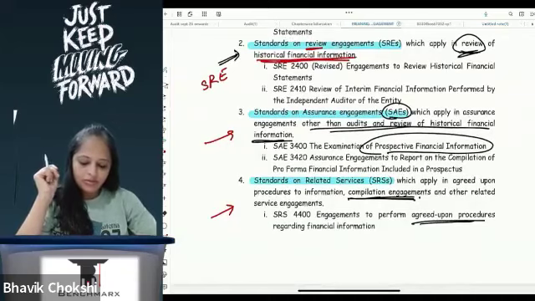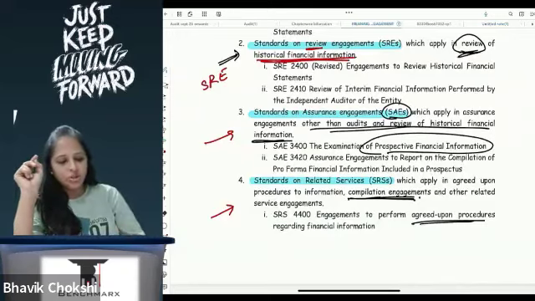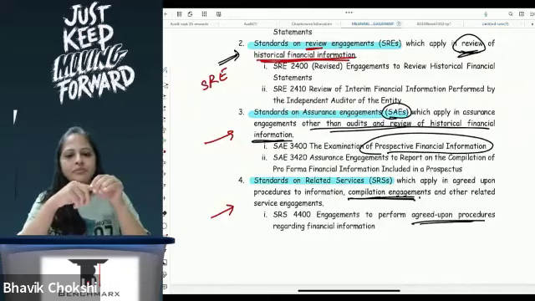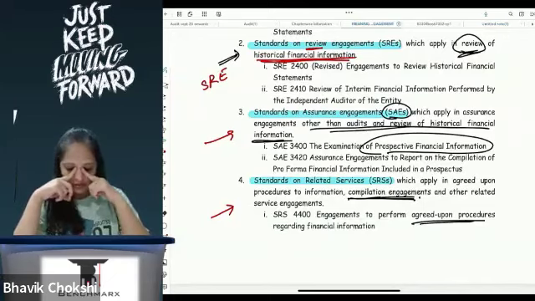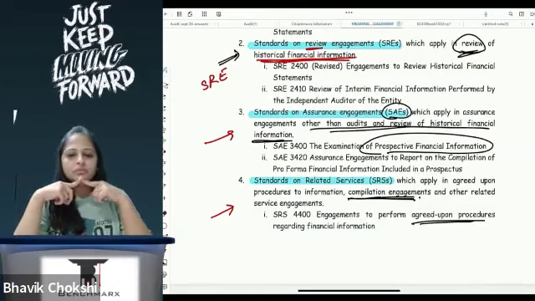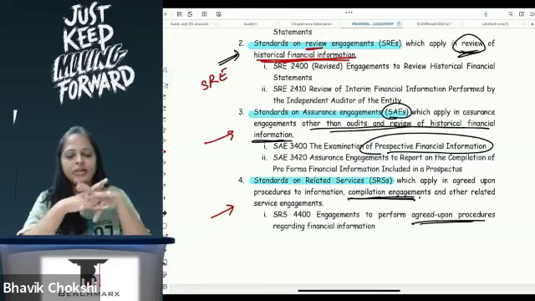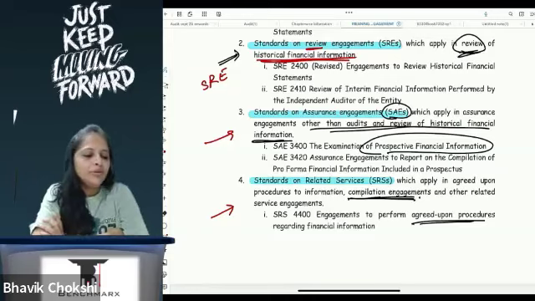And below that write down, with a different color pen, assurance on subject matters other than audit and review of HFI.